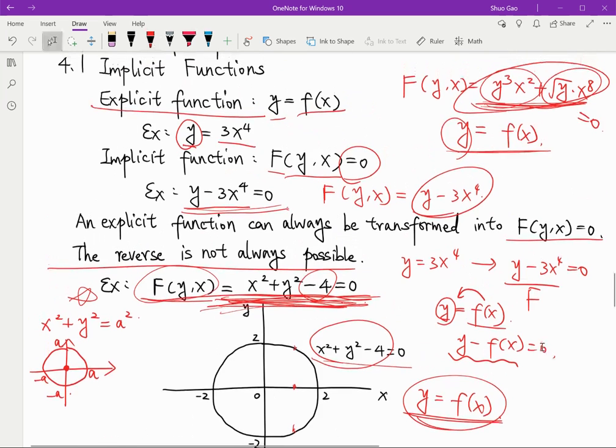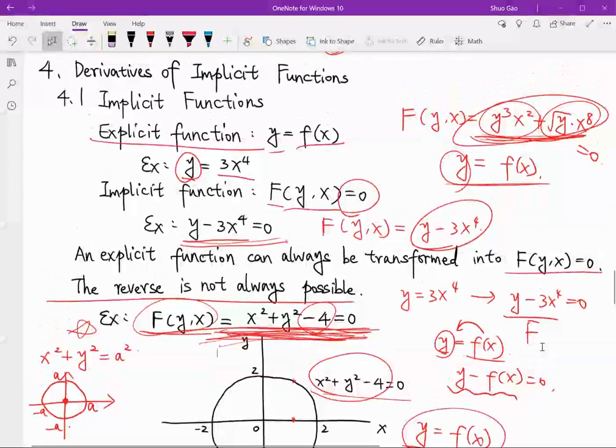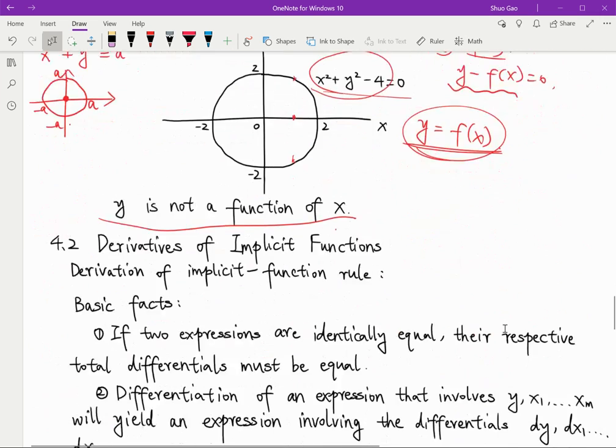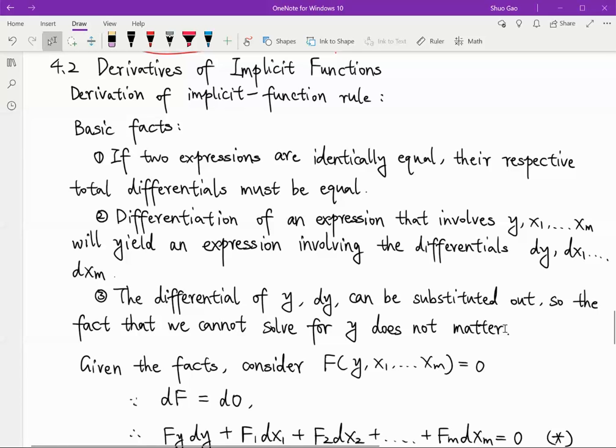So this is called implicit functions. And sometimes we want to find out the derivatives of the implicit functions, and we'll know how to in the following. So there's something called the implicit function rule, and we need to derive this. We need to talk about that for the rest of the time, and tell you how to find the derivatives of the implicit functions.